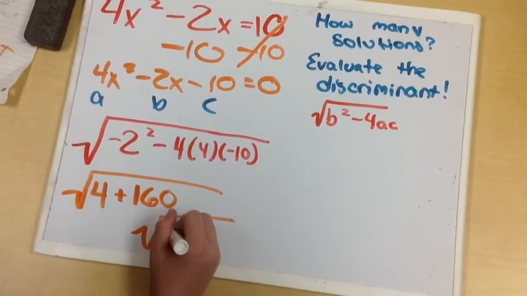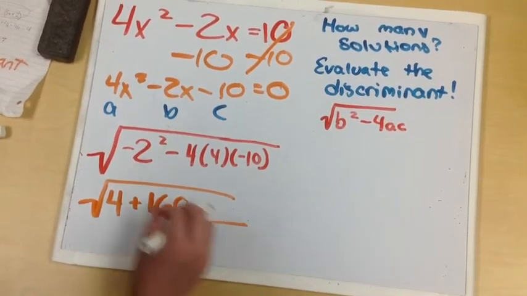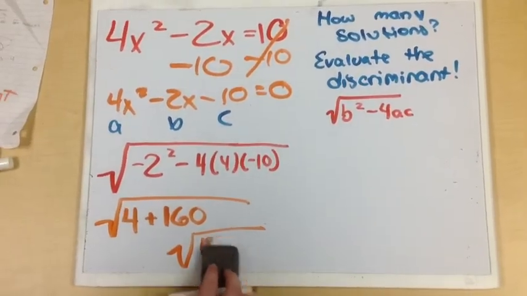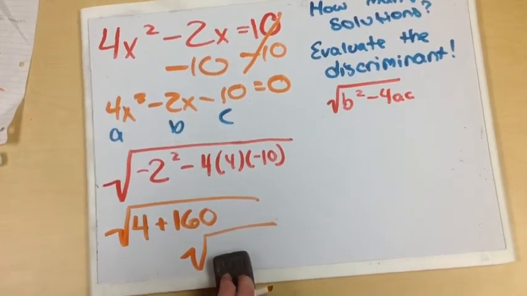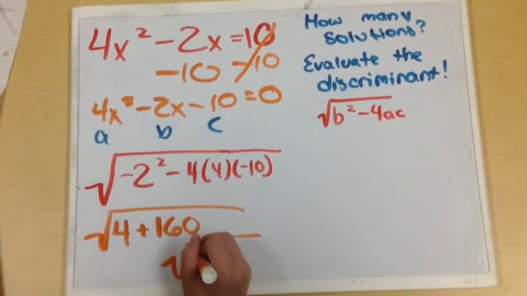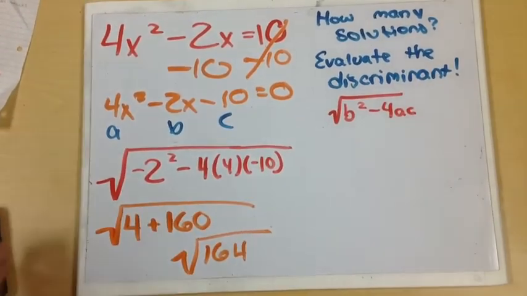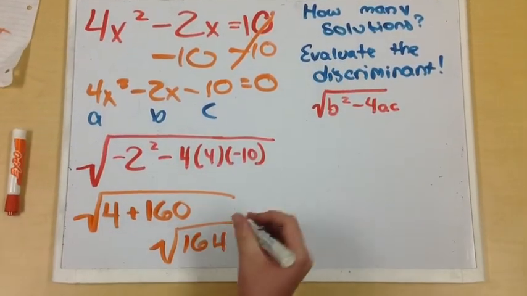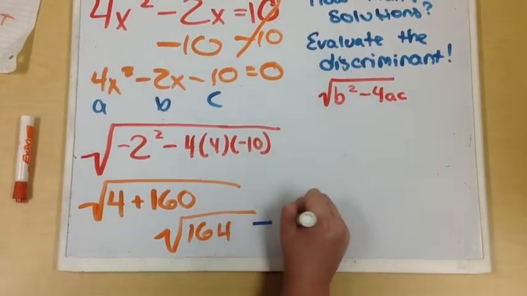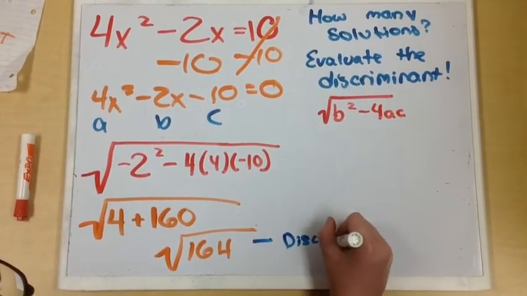Now, if your discriminant comes out to be a positive number, you're going to have two solutions. If it's 0, you only have 1, and if it's negative, you will have 0 real solutions, of course. Since this comes out to 164, a positive number, you have two solutions.